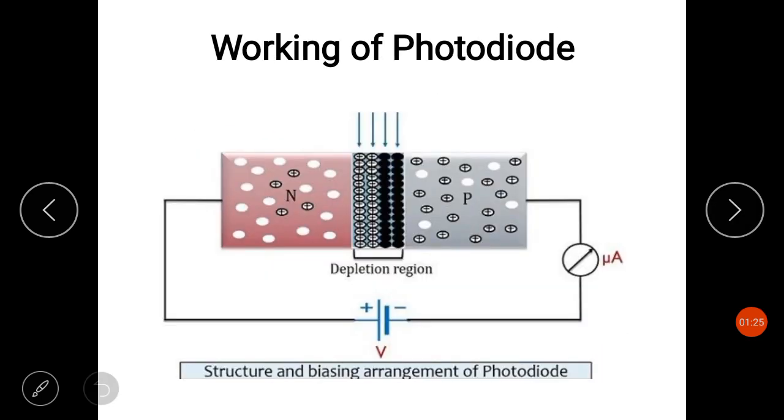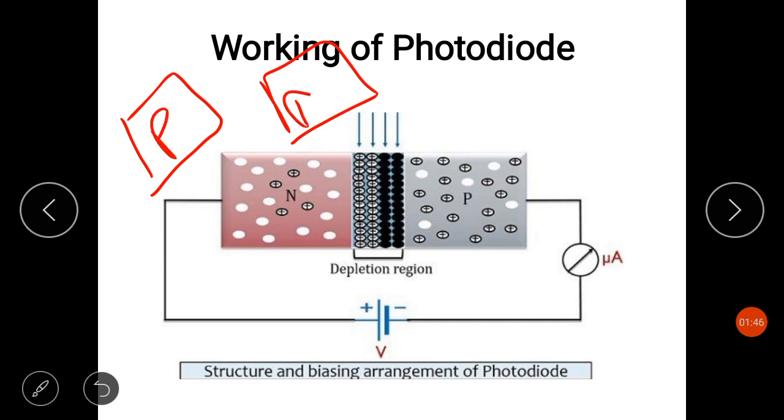Now let me discuss the working of the photodiode in this mode. As we know, I've already discussed in my previous lectures what a p-type extrinsic semiconductor and an n-type extrinsic semiconductor are.